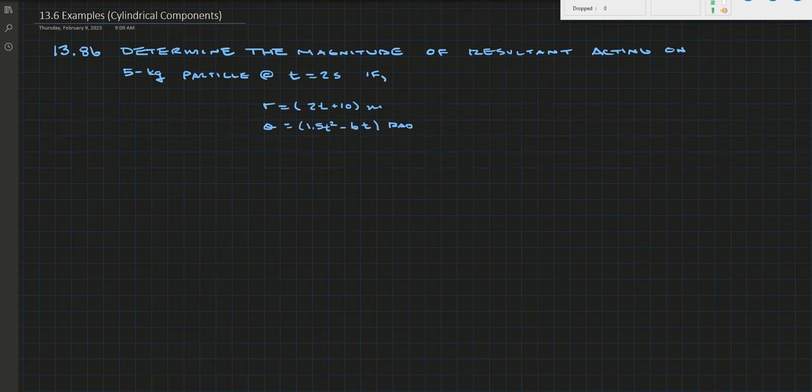Here you know that r changes in time as 2t plus 10 and theta changes as 1.5 t squared minus 6t. Okay, well, we can start out like we did back in the kinematic situation with r, and it's 2t plus 10, so r of 2 is going to equal 4 plus 10, which is 14.